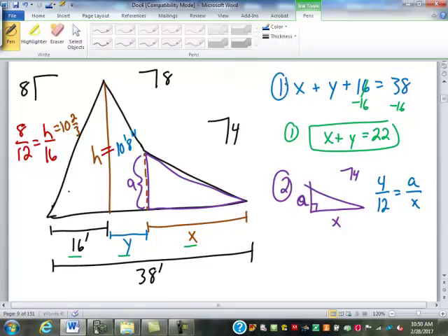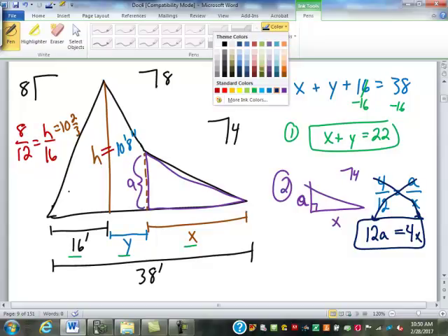And as I cross multiply, a times 12 is 12a. 4 times x is 4x. I'm going to leave that like that because I'm not sure whether I want to solve that for a or for x. I could solve it for x and get 22, I suppose. You know, the x plus y to get 22. But we're going to hold off for just a minute.